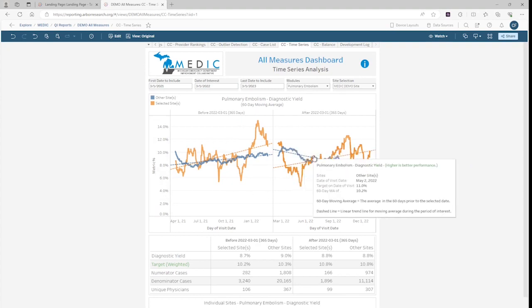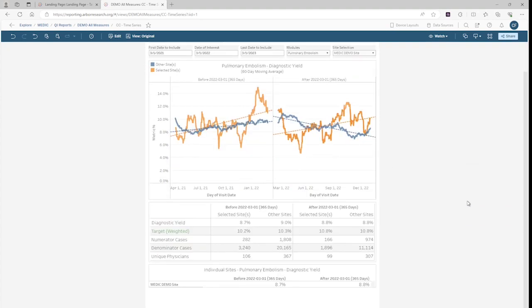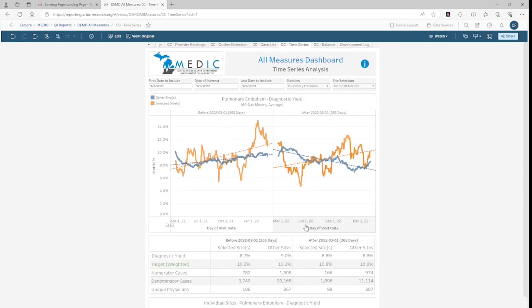You'll notice that it actually didn't redraw it, and that's because the demo data doesn't have data extending past a certain time frame in 2022, and so it won't look very different for me. But that's okay. When you do it on your own, it'll look very different as you change the dates up here.